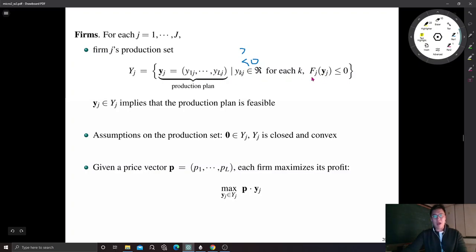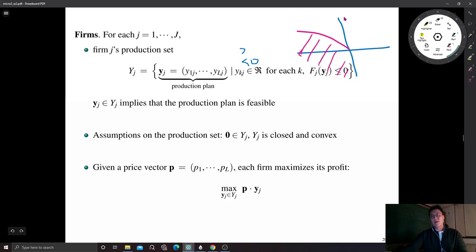Okay. And then the production technology is given by this frontier. In the case of one input and one output, the production set is given by this. That appears in the second and third quadrant, meaning that this firm uses the component on the x-axis as an input and produces the component on the vertical axis.